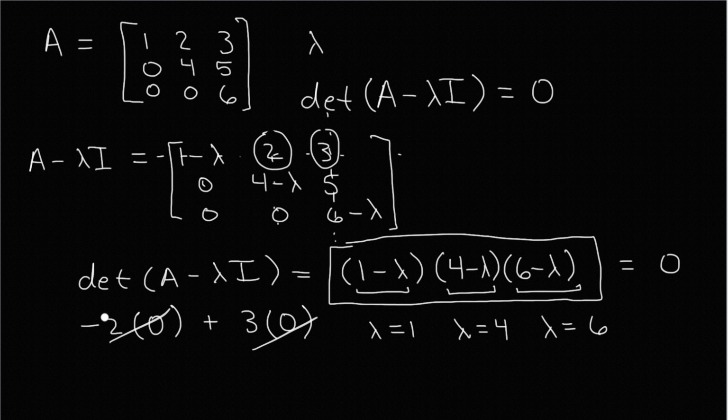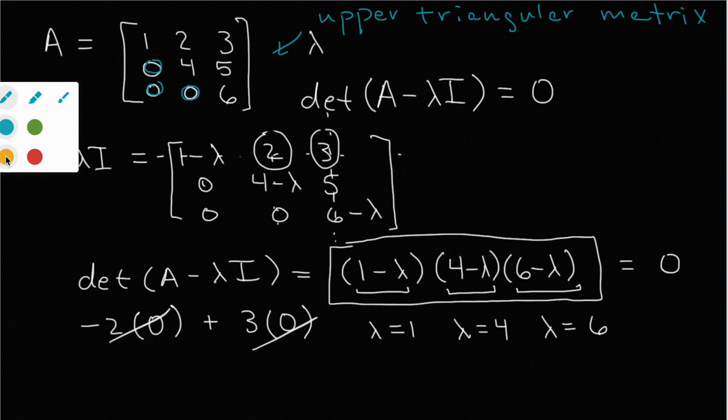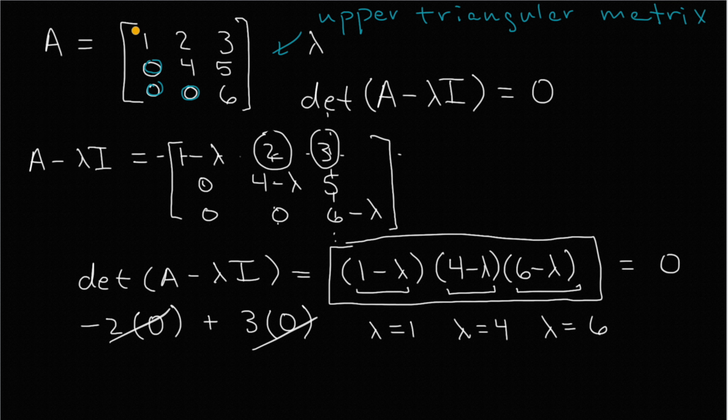Now notice, because this top matrix that we used is an upper triangular matrix, we could have used the main diagonal to find the eigenvalues. So what that means is, if you have an upper triangular matrix where everything below the main diagonal is zeros right here, what you can do is you can use the main diagonal of the matrix to find the eigenvalues that you need.